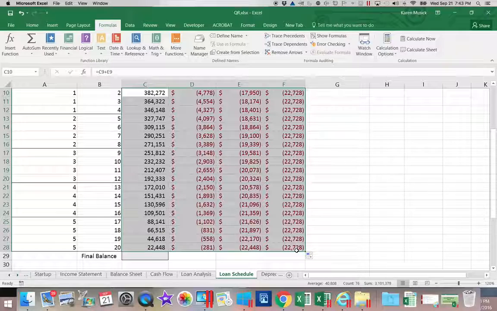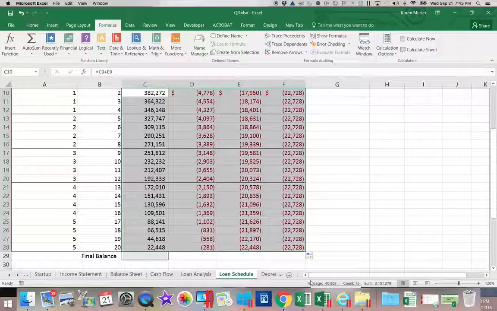Now the one problem I have is that I just lost all the lines. So one thing you want to make sure you do is you click this autofill options and say fill without formatting. Now it puts those dollars back in.